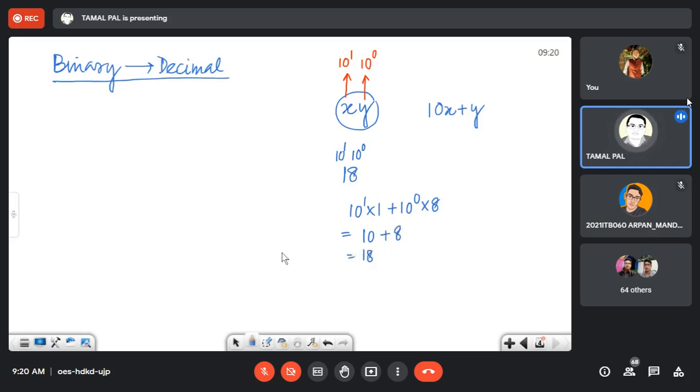We will apply the same principle here. If it is a binary number, if xy is a binary number, then its weights will be 2 to the power 0, 2 to the power 1.